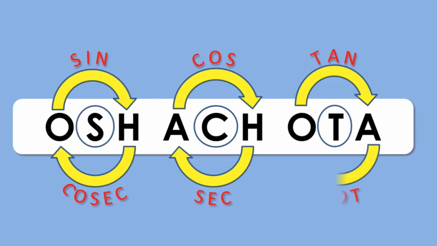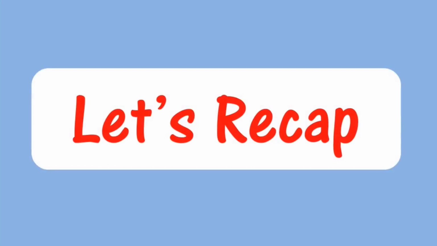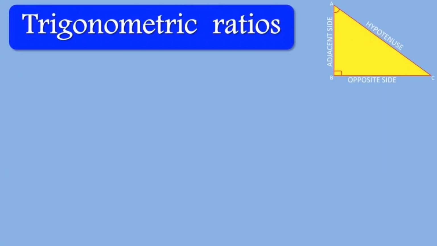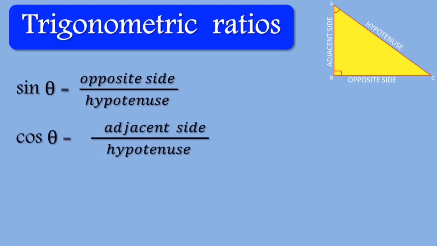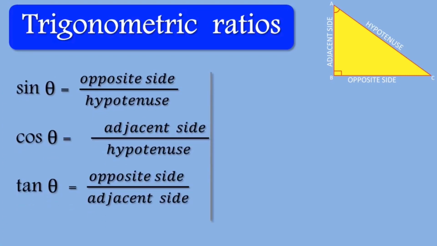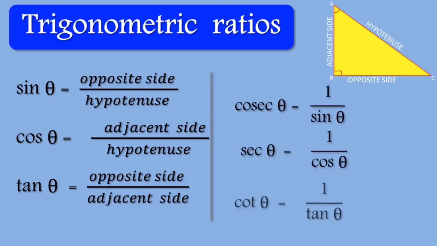Hence, for cot, we will have A upon O, that is cot is equal to adjacent side upon opposite side. Let's quickly recap. So now we have learned the trigonometric ratios of sine, cos and tan, and then their corresponding reciprocals, that is cosec, sec and cot.